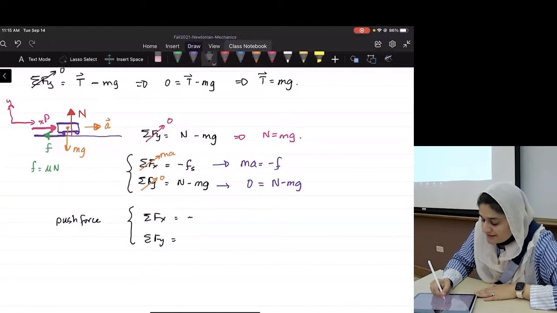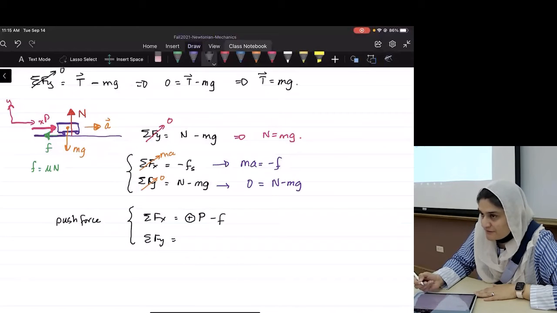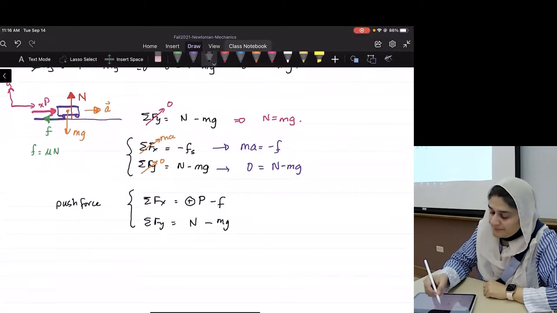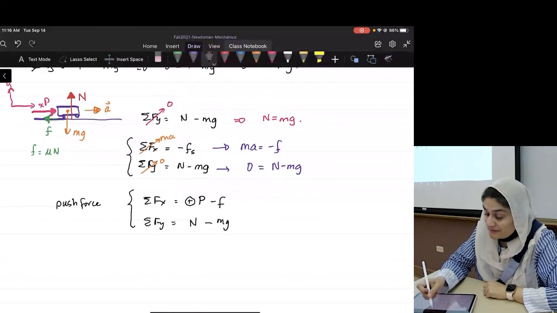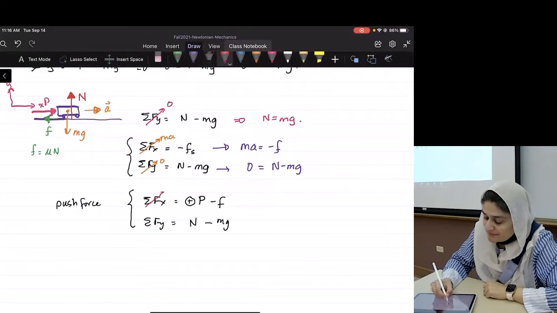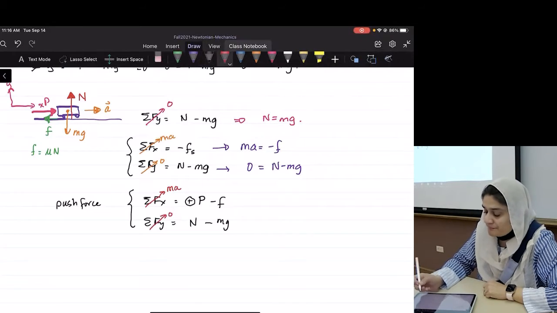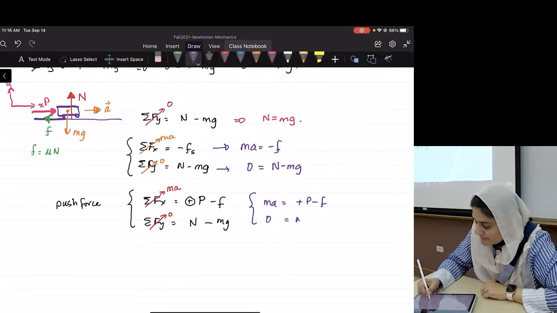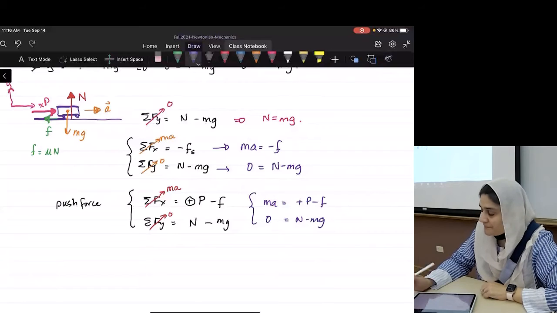The push force is in the positive direction, minus force of friction, and I still have my normal going upwards and mg. This object is accelerating, so what will happen to my sigma Fx and sigma Fy? Plus P minus friction, 0 equals N minus mg.